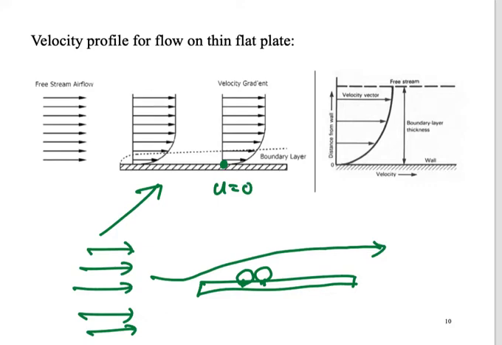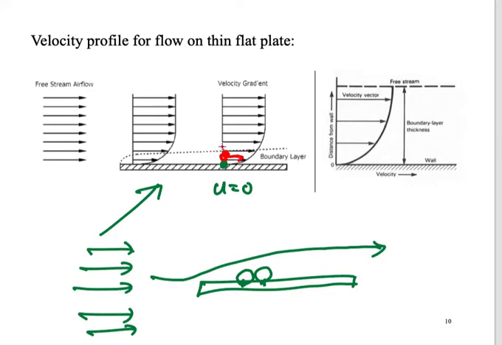However, the second molecule here can move with a certain speed, because the interaction is not between the solid surface and the molecule. It is between two molecules of fluid.